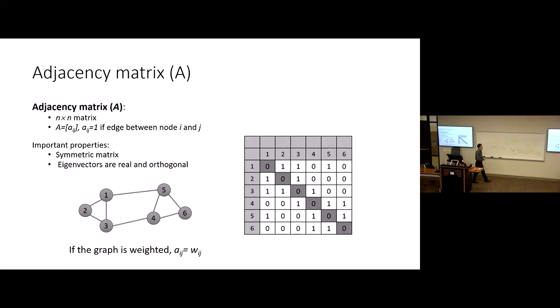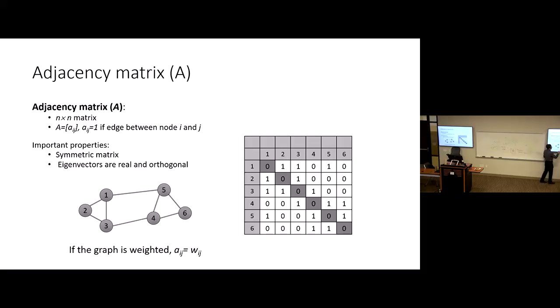So this is the adjacency matrix representation of the network. For example, this small network has 6 members, so we need a 6 by 6 squared matrix to describe this. If 1 and 2 are linked, you put 1 here. 1 and 2 are linked, so 2 and 1 are also linked.